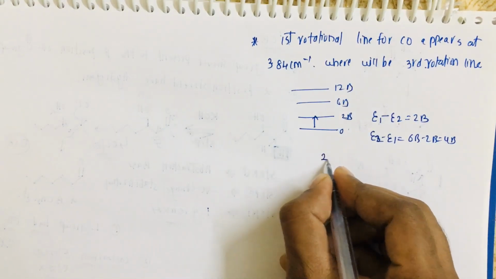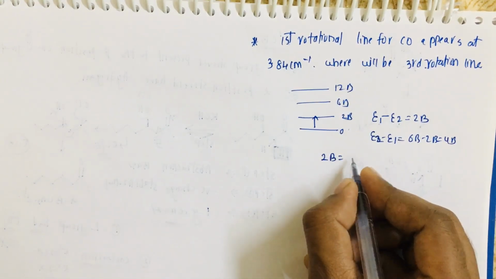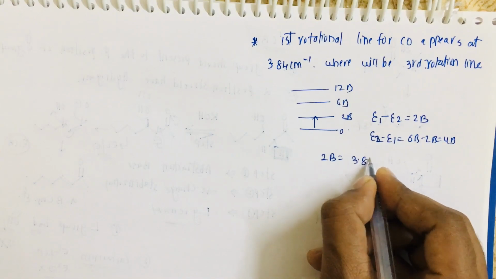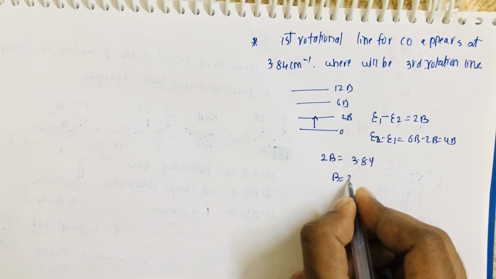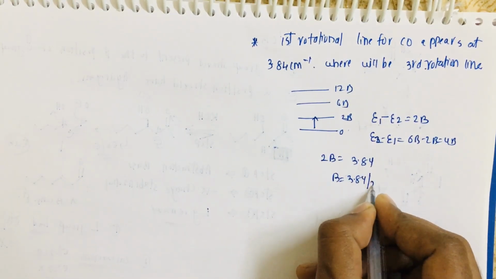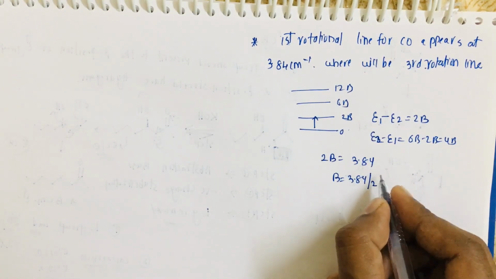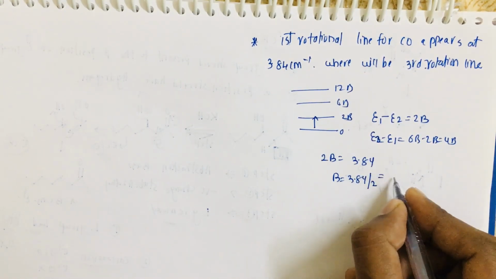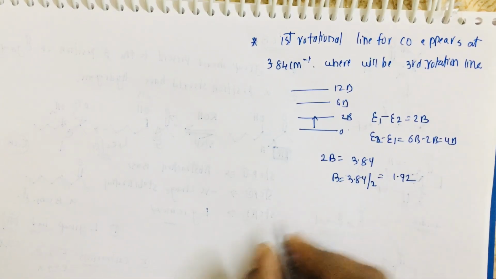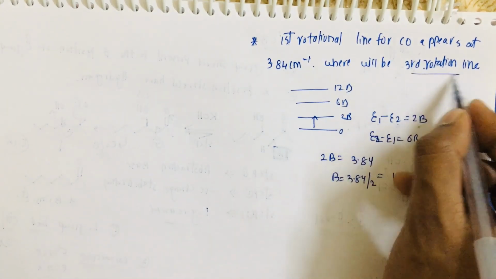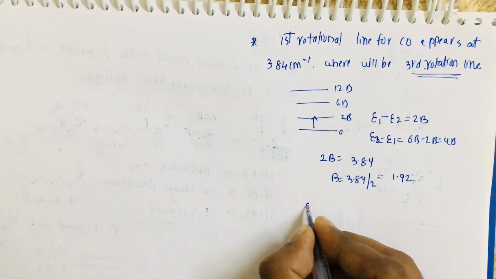So the first line 2b equals 3.84. Now b equals 3.84 by 2. It comes out to be approximately 1.92. Okay, now they asked about the third line. The third line equals 6b.